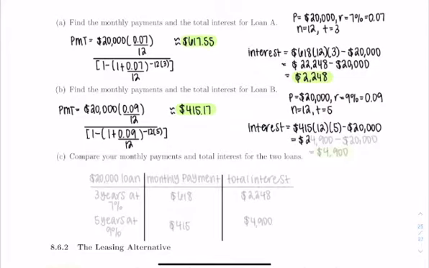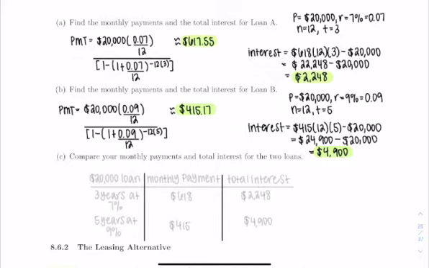So we get $24,900 minus our $20,000, and we get $4,900. So in this case, you're paying almost an additional $5,000 with the $20,000.